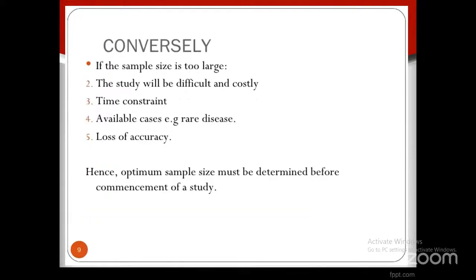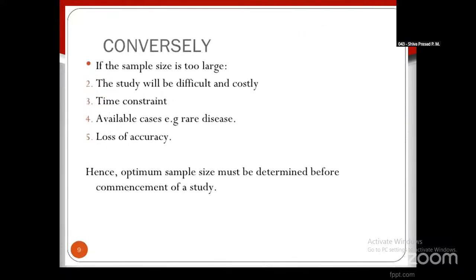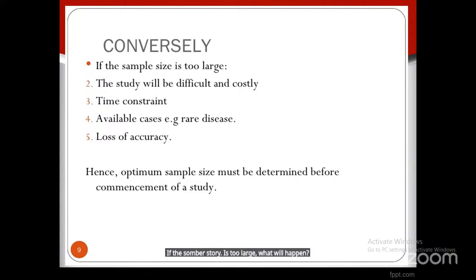In other words, if the sample size is too large, what will happen? Sample size may be very small, or sample size may be too large. What will happen? The study will be difficult and costly. If your sample size is more than optimum, your study will be difficult and costly.